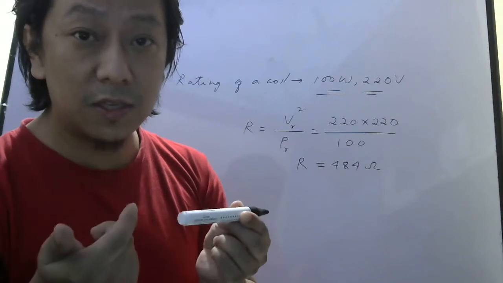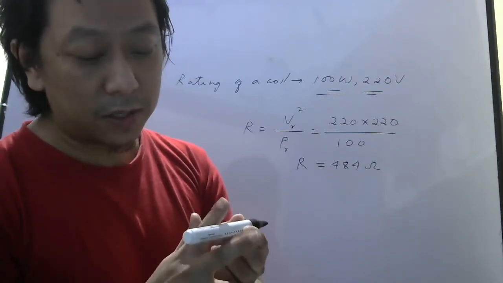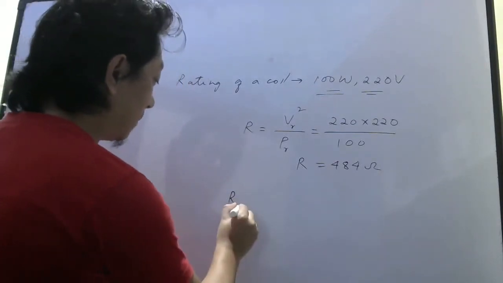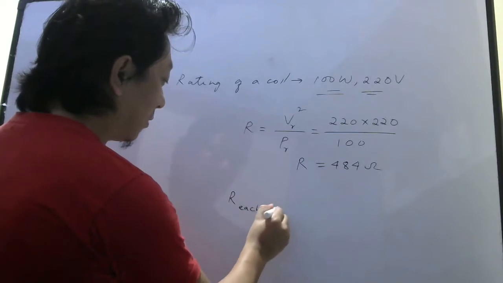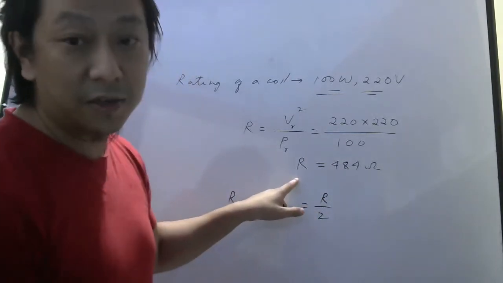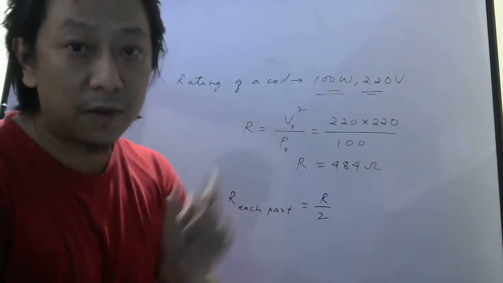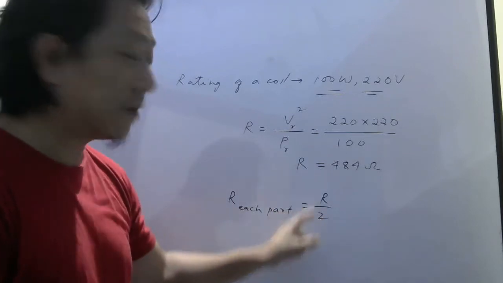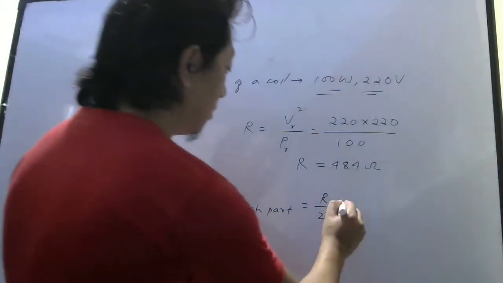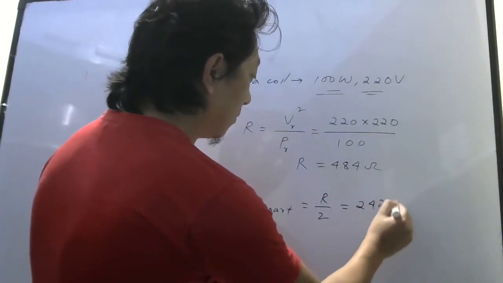Resistance is inversely proportional to length, so when it is cut into two equal halves, each part will have resistance R by 2. This means the resistance of each part will be 242 ohms.